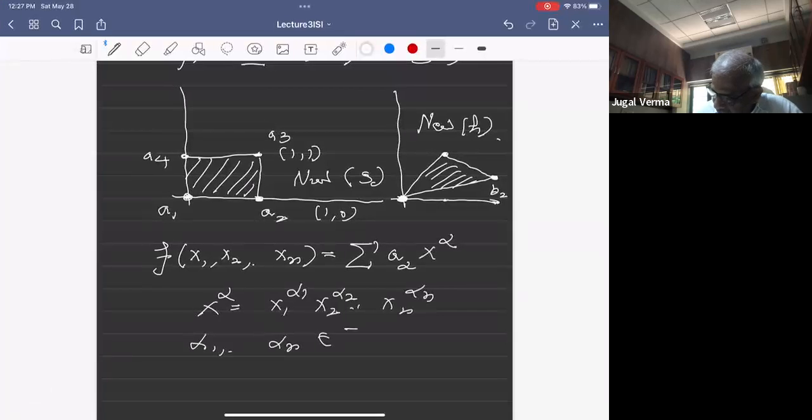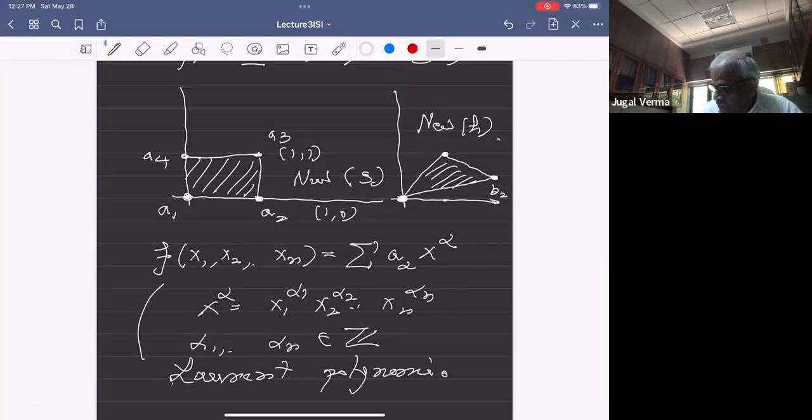I am not saying that they are non-negative. They could be any integers. Then this is what is called a Laurent polynomial. And suppose I display the monomials where the coefficients are non-zero.